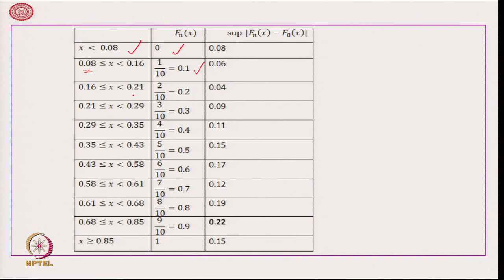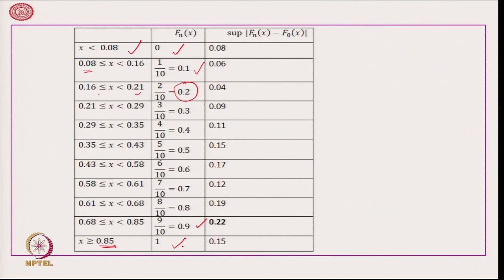For 0.16 to just less than 0.21, we have got two observations, 0.08 and 0.16, therefore Fn(x) is equal to 0.2. Similarly, up to 0.85, we got 9 observations, and the 10th observation in the ordered sample is 0.85. Therefore, for x greater than or equal to 0.85, we get the value 1.